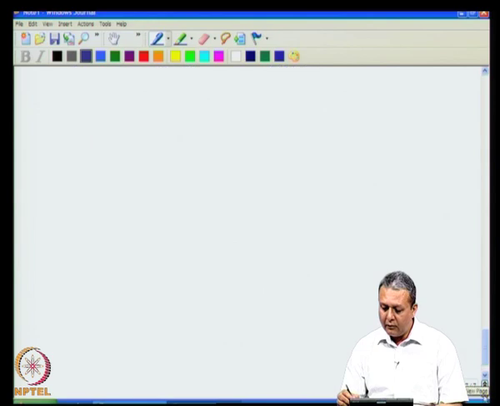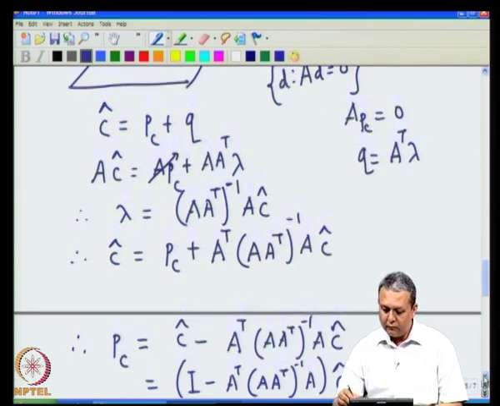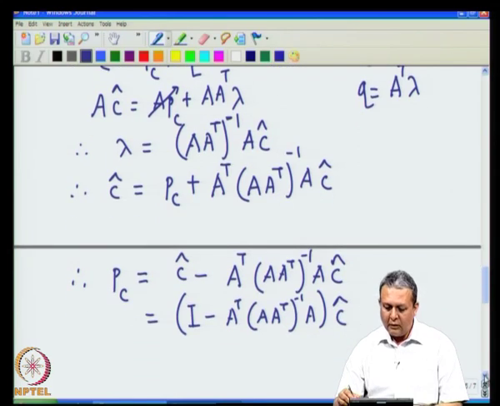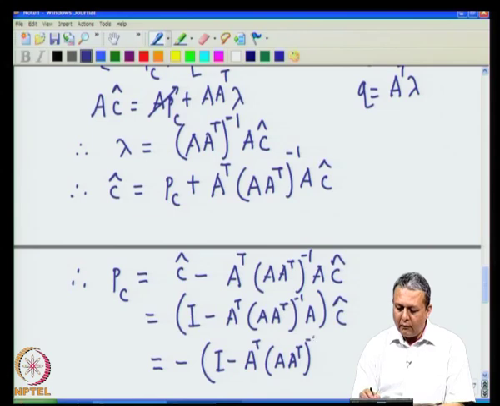Now, C hat is nothing but negative of C. So, this can be written as minus identity minus A transpose A A transpose inverse A times C.